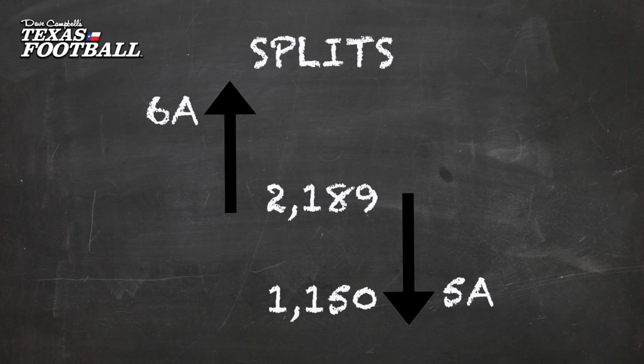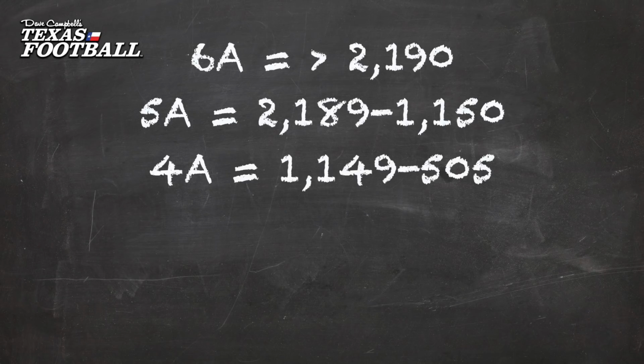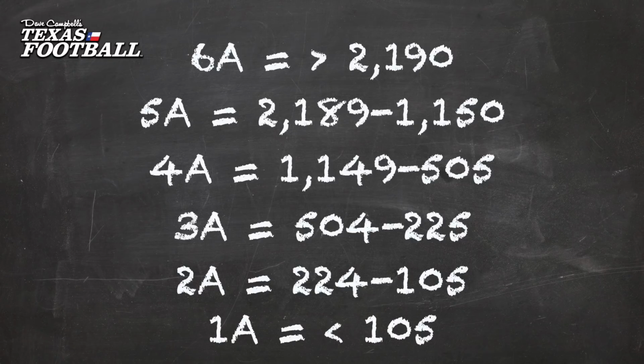If your school has between 1,150 and 2,189 students, your school goes to Class 5A. This goes on and on, all the way down to Class 1A, which is comprised of schools with fewer than 105 students. So now we have the schools separated into 6 relatively even classifications.